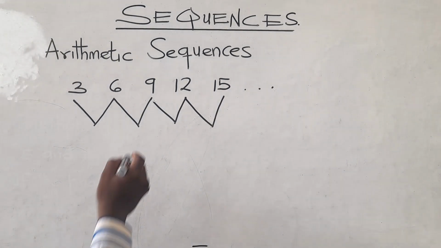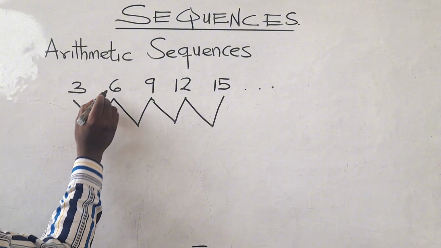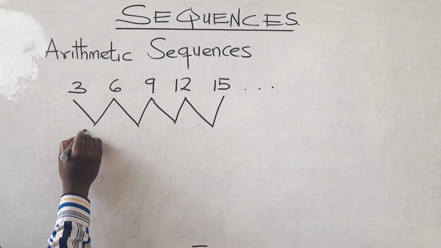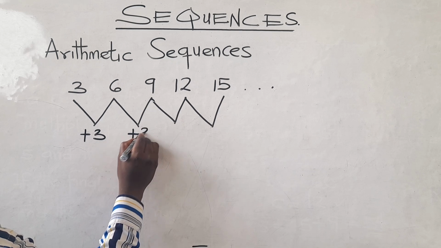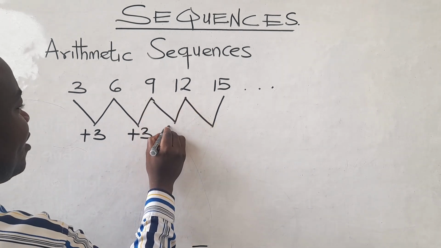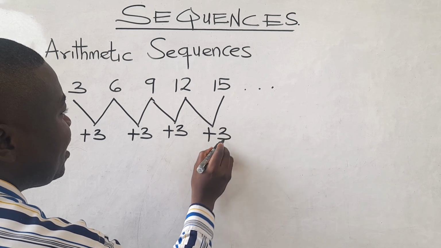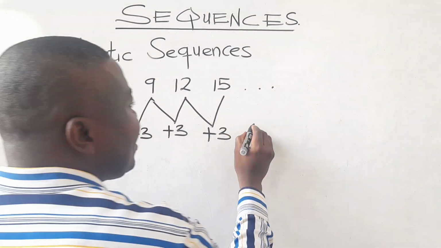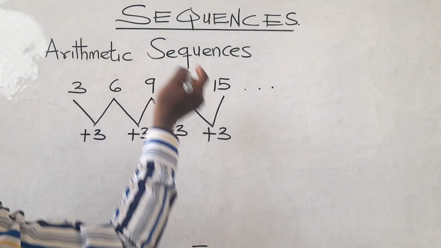We have this sequence. The first difference is you subtract them. 6 minus 3, you have plus 3. 9 minus 6 is plus 3. 12 minus 9 is plus 3. 15 minus 12 is plus 3. What we've just done is subtract the previous from the next.